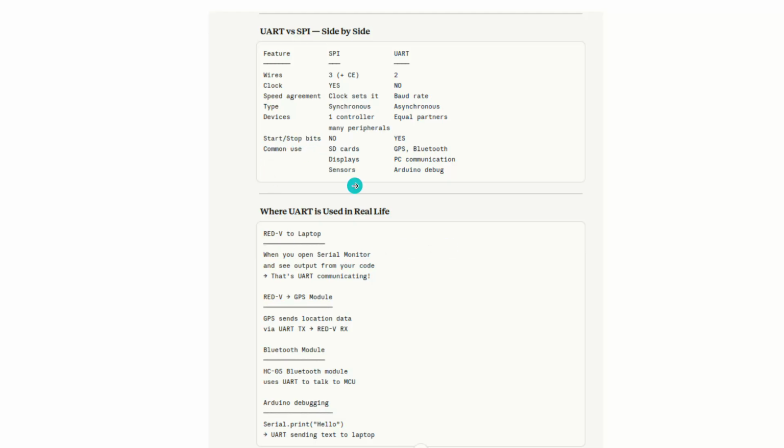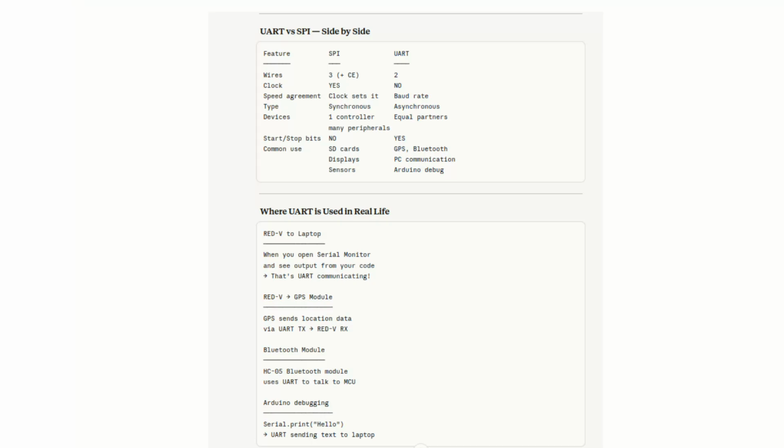Now displays, sensors and SD cards are examples of SPI. Also, from the receiver to the laptop, whatever code was there in our receiver code, we see it in the laptop; that is also UART communication.